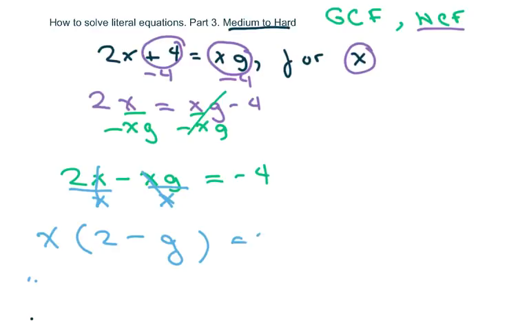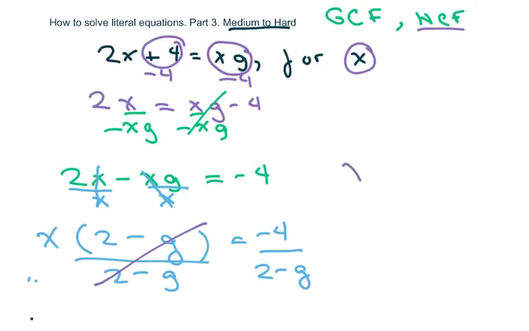Now this equals negative 4. We still have to solve for x, so you can divide both sides by 2 minus g. What happens is this cancels, that equals 1. So you're going to get x equals negative 4 over 2 minus g.